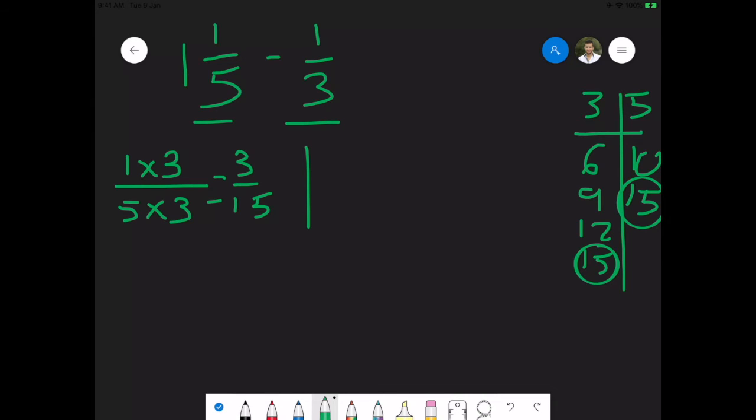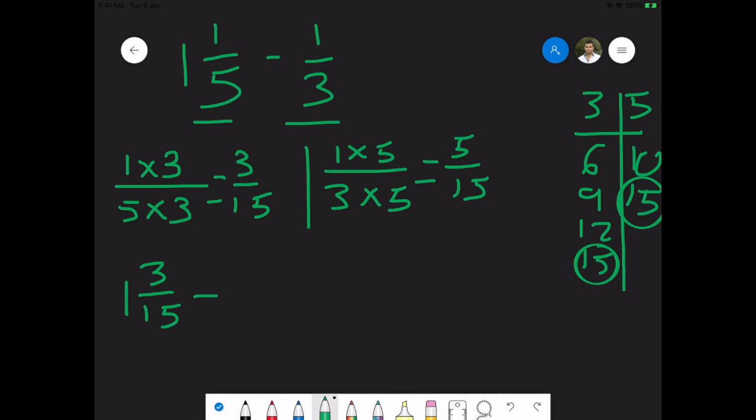Now we'll take care of a third, and I will multiply by 5, of course, both numerator and denominator, and that gives us 5/15. So let's replace now each fraction with the new fraction that we produced. So I have 1 and 3 out of 15 minus 5 out of 15.